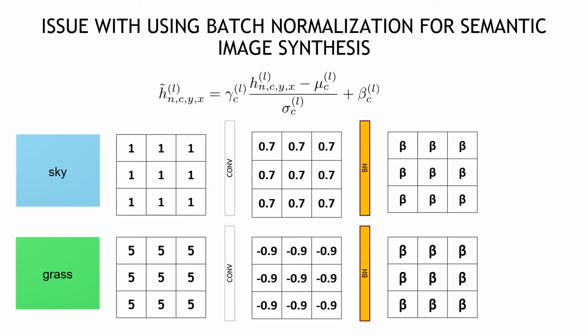Then apply batch norm. The mean is subtracted. So the only information left is this beta value, and the network has no way to tell whether the input is sky or grass, and this causes issues. So with SPADE, we fix the issue.